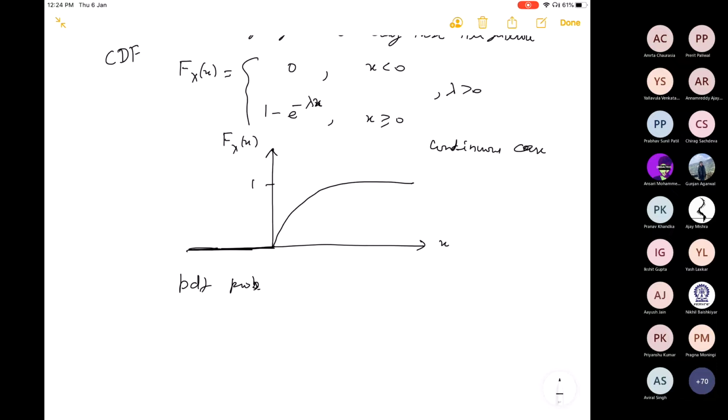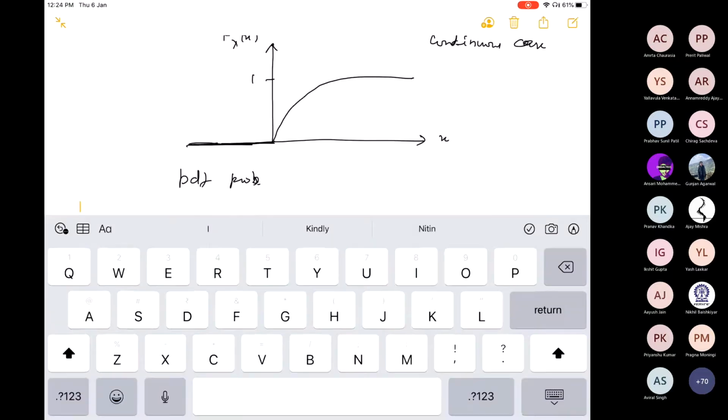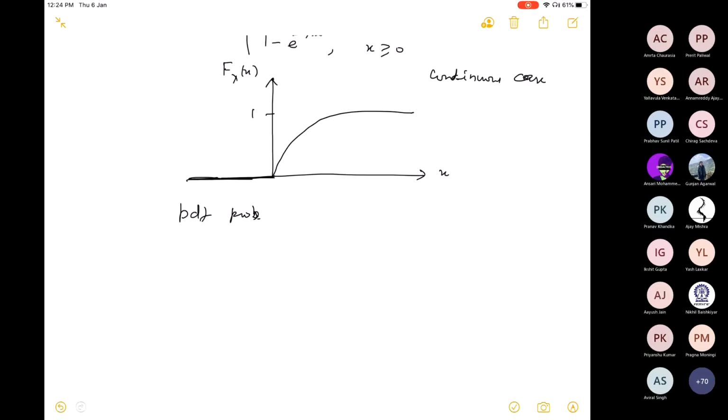We can take the derivative of the CDF and we will get the PDF.